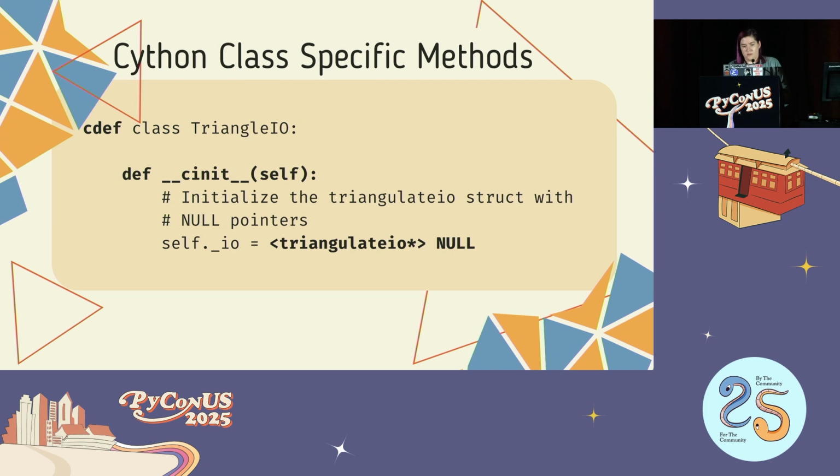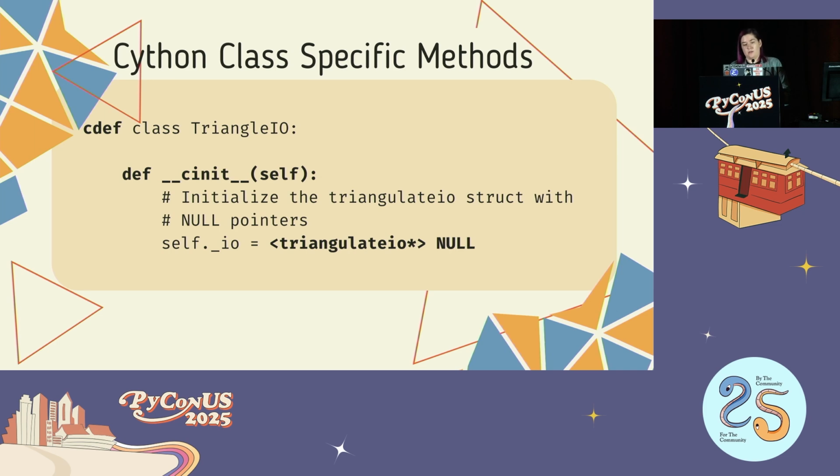So __cinit__ is the C-level initialization. It's guaranteed to be called when the object is allocated, but before it's fully initialized, so it gets called before __init__. And it's where you're supposed to do the safety C-level initialization of the owned data structures.